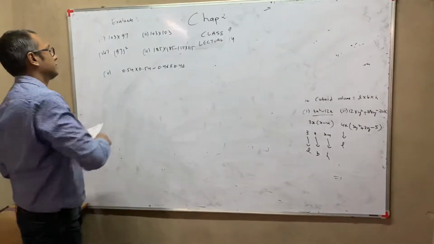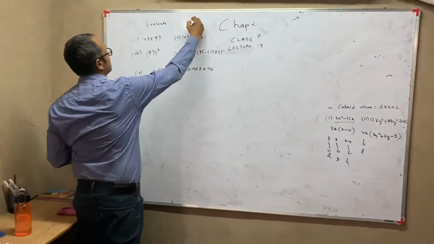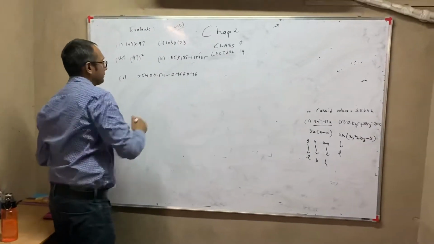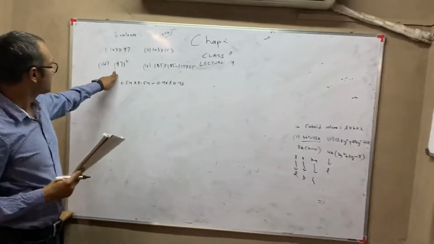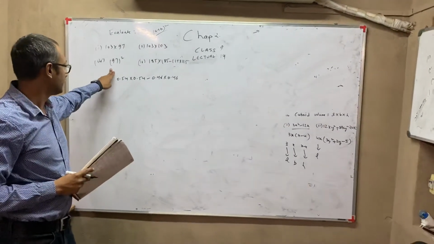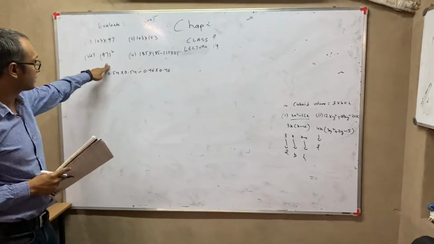This is your identity. And 103 square, 97 square, you know, it is similarly like 98 square. That is there in the textbook.